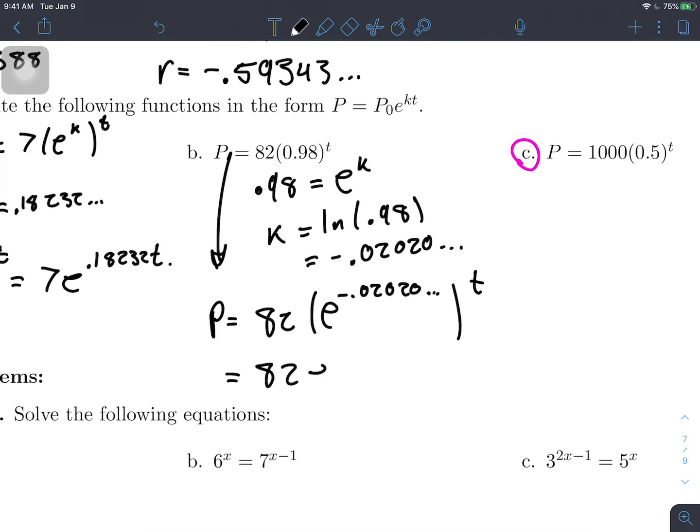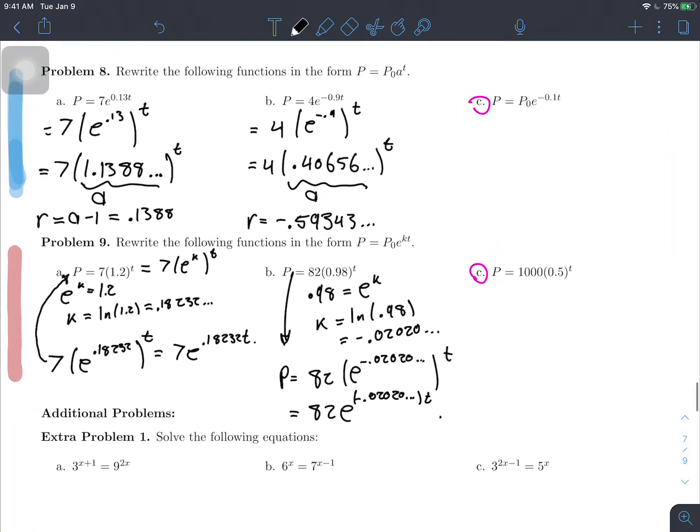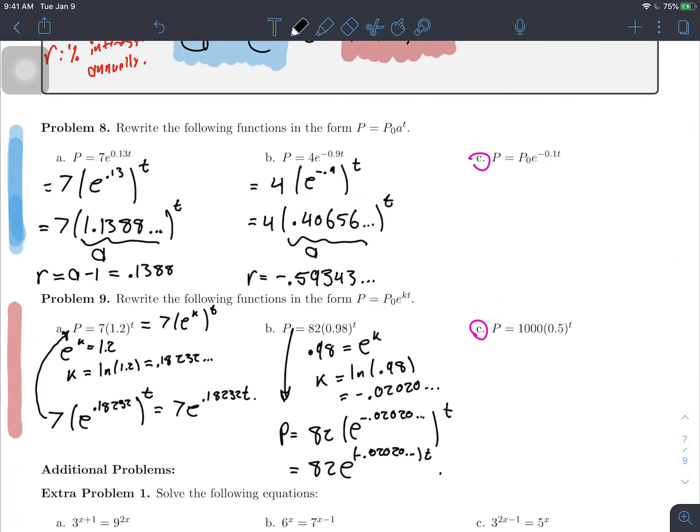I'll get rid of the parentheses and write e to the negative 0.02020... times t. And that is how I convert between these two forms which we use to describe exponential growth and decay.